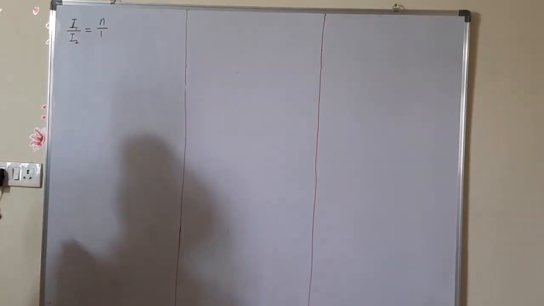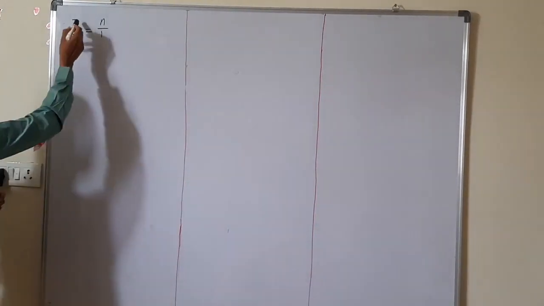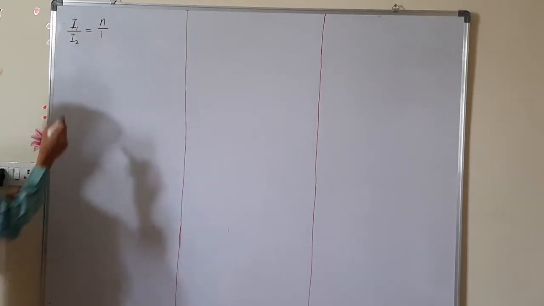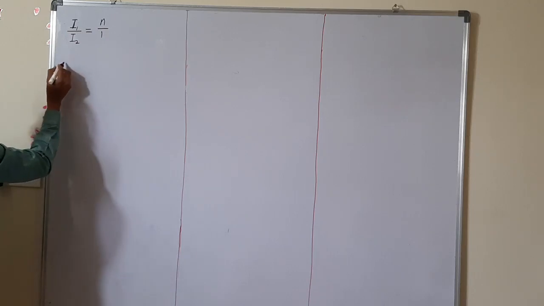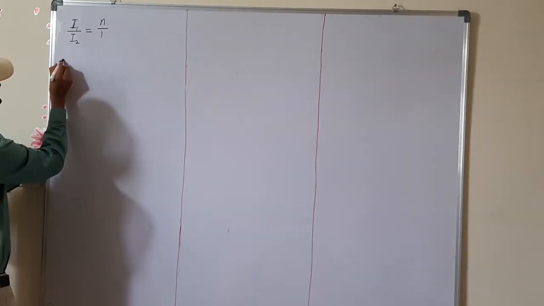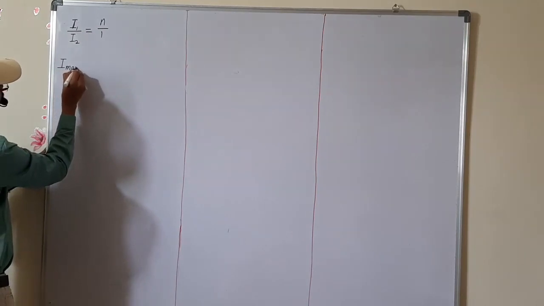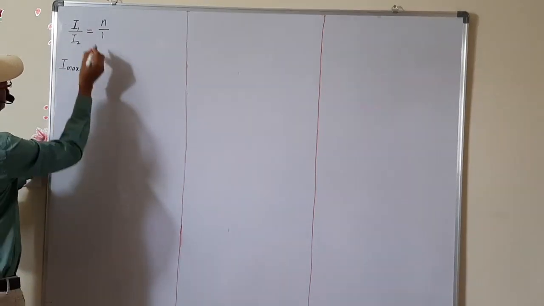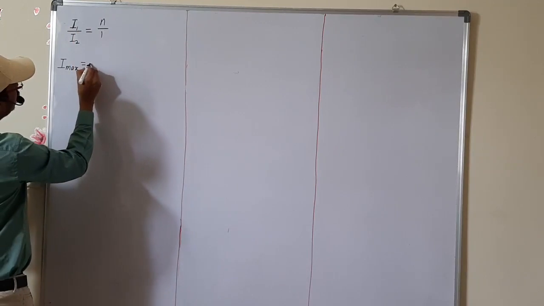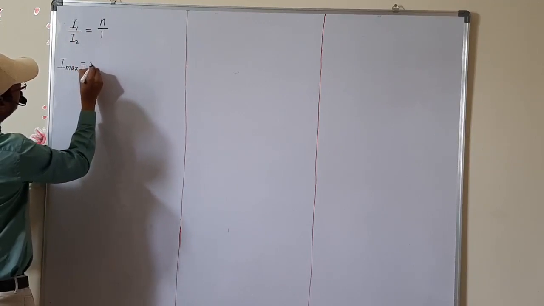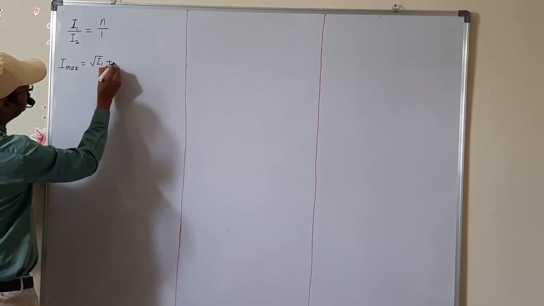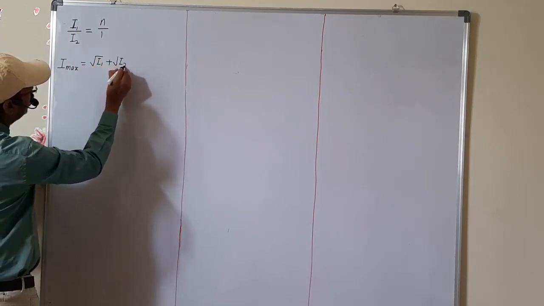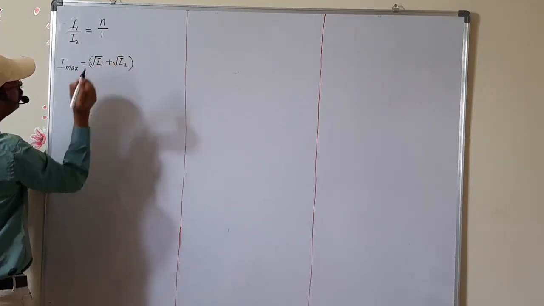Now, the ratio is given I1 upon I2 equals to n upon 1. The time maximum and minimum value, how we can write it? If you want to take the maximum value in terms of I1, what is the value? Here root I1 plus root I2, given.